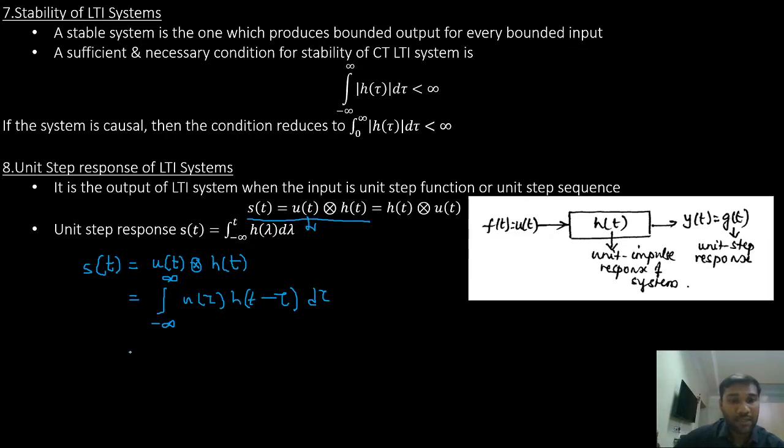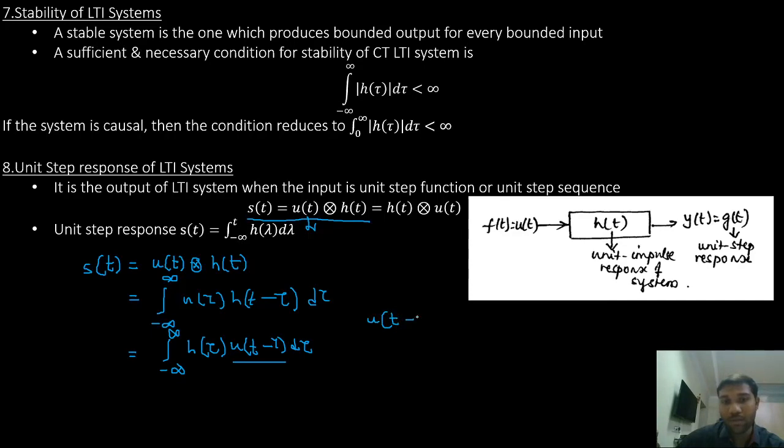I can also write it as minus infinity to infinity, h of tau, u of t minus tau, d tau.